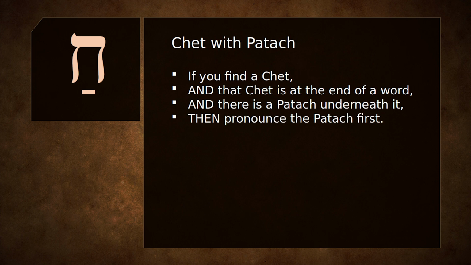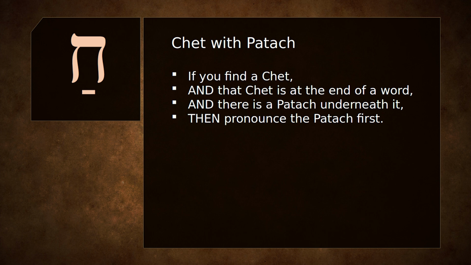Finally, we have a very specific circumstance where you break the normal rules of pronunciation. Normally, when there is a letter and a vowel underneath that letter, you will pronounce the sound of the letter first, and then the sound of the vowel. However, in one very specific circumstance, you will pronounce the vowel first.